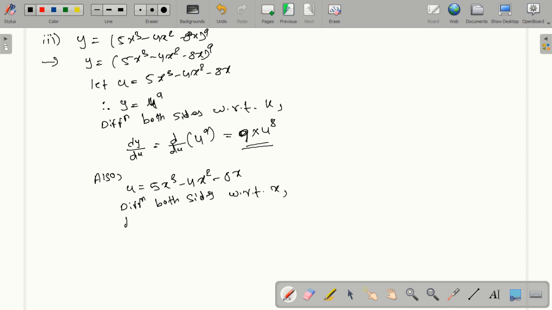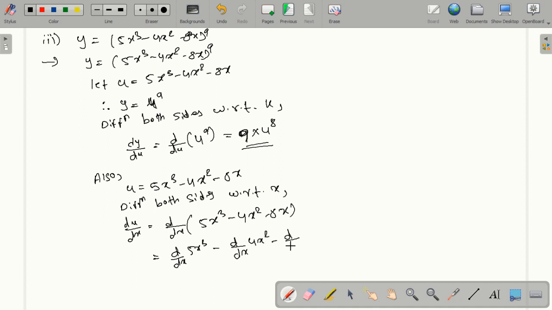So you get du by dx is equals to d by dx of 5x cube minus 4x square minus 8x, right? So this can be written as, let me write it for you, d by dx of 5x cube minus d by dx of 4x square minus d by dx of 8x, right? So this is as du by dx.